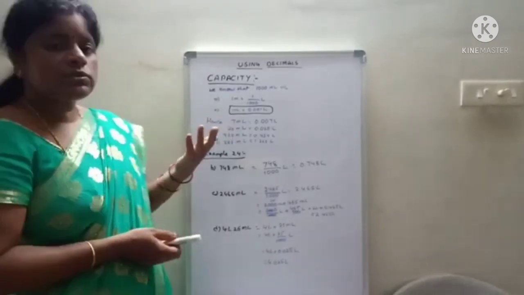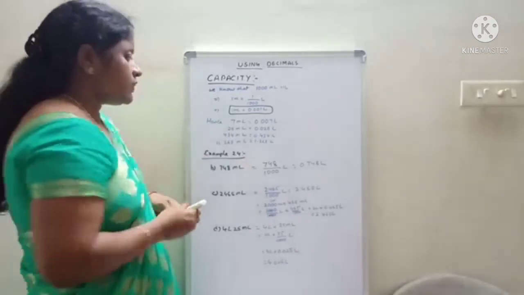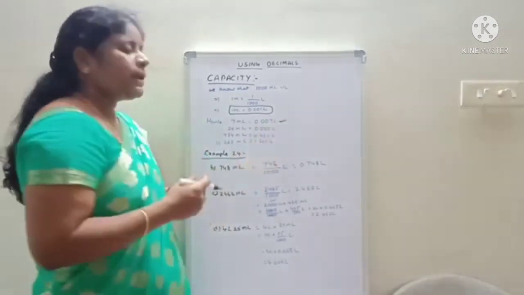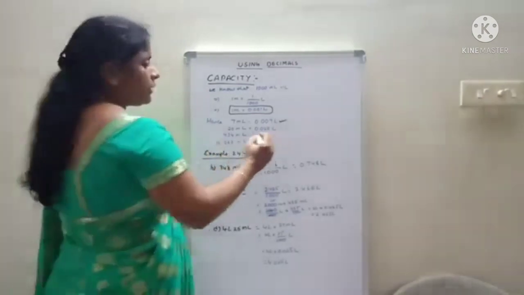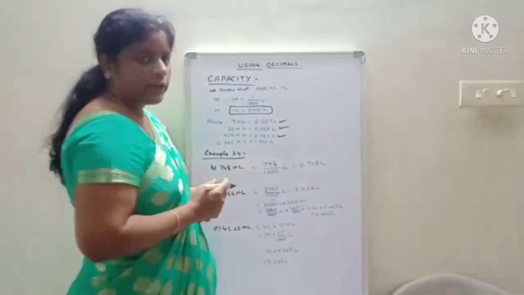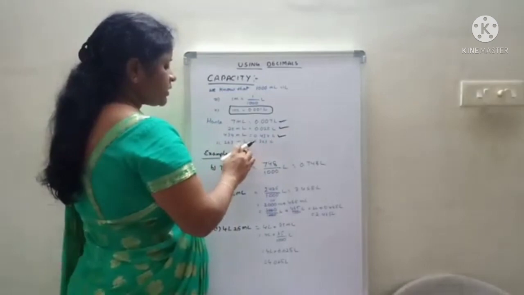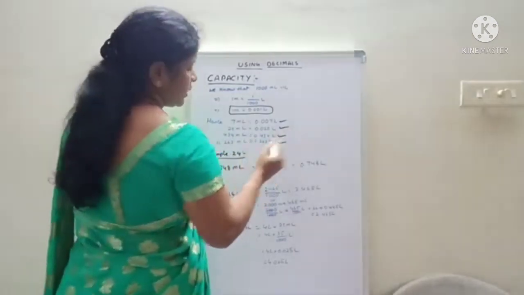So 7 ml equals 0.007 liters. 25 ml equals 0.025 liters. 434 ml equals 0.434 liters. 1 liter 263 ml equals 1.263 liters.